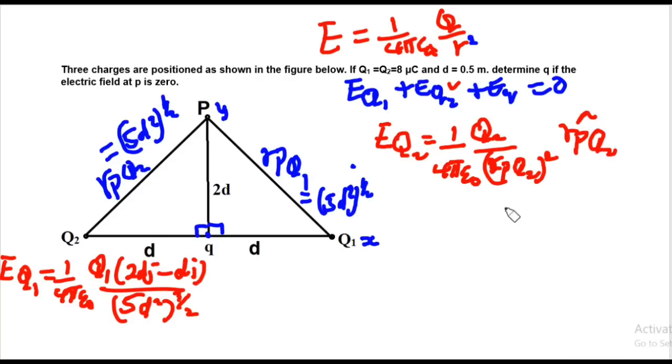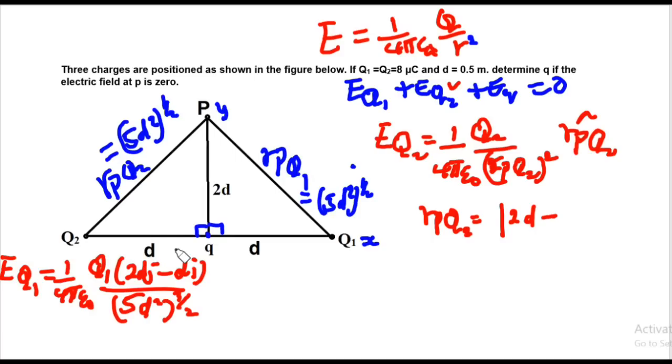So normally this RPQ2 is just the modulus of 2D minus, of course we have another minus here due to this direction.